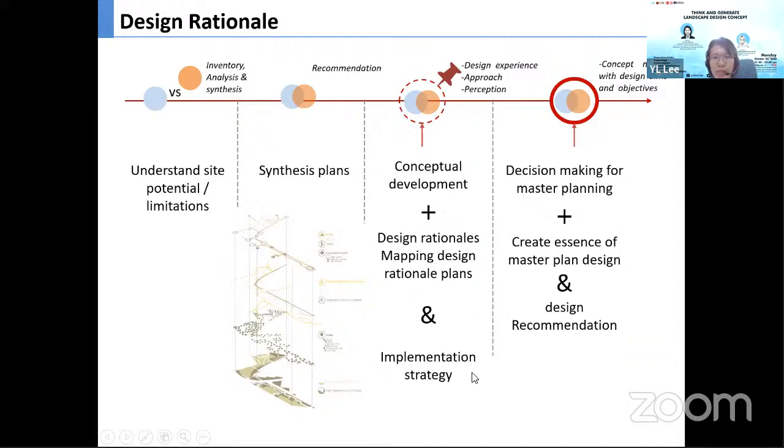One suggestion from me, especially for final year students: when you do your concept, besides showing a rationale, please also put in the strategy plan. Especially if you are choosing a title or topic which is very technical, like low carbon, green building, or stormwater, please put in this strategy plan.